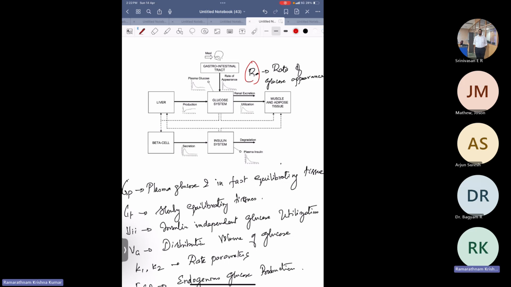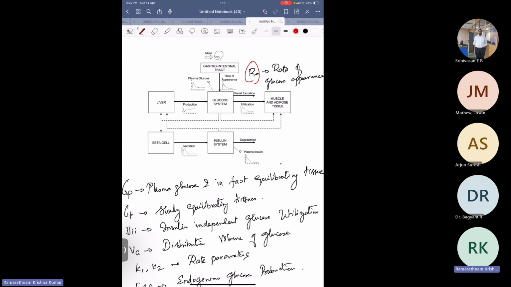In the glucose system, there is a production system, that's the liver, to the left, and a utilization system, which is the muscle, adipose tissue, and so on. Same thing, there is an insulin system, and to the left there is a beta cell system, which does the secretion, and then there is a degradation system. So this is what we have.